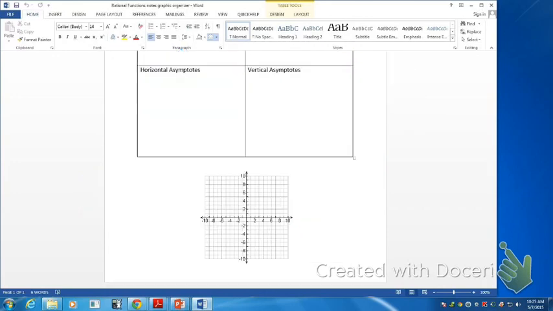All right, so let's graph this. Put in your vertical asymptote. What did we find that vertical asymptote to be? What did we find our horizontal asymptote to be? 1/2. So put that in there. Where is the y-intercept? 0 and 3/4.